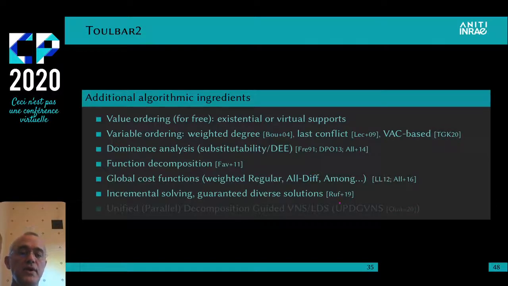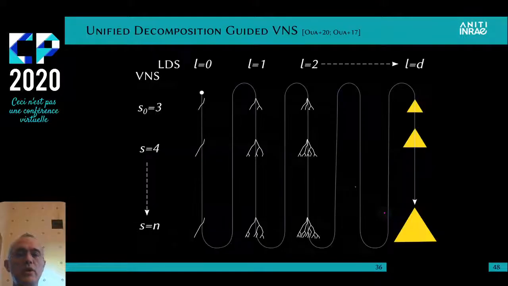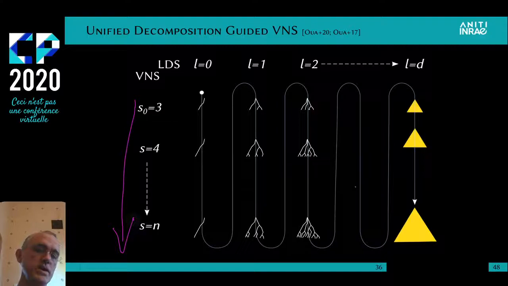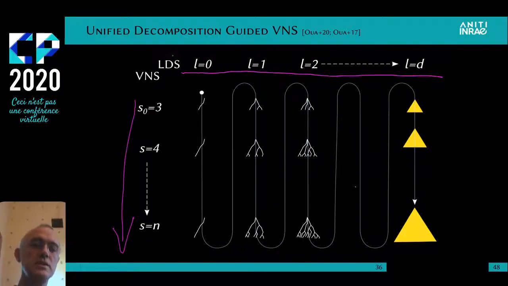And if HBFS cannot solve problems, you can use a sophisticated variant of variable neighborhood search that I will quickly describe. Essentially, it combines the idea of variable neighborhood search, where your neighborhood increases when optimization fails, with an increasingly strong partial search, a limited discrepancy search.